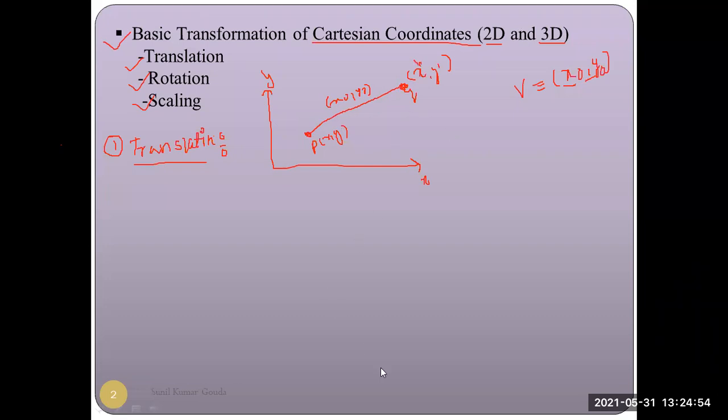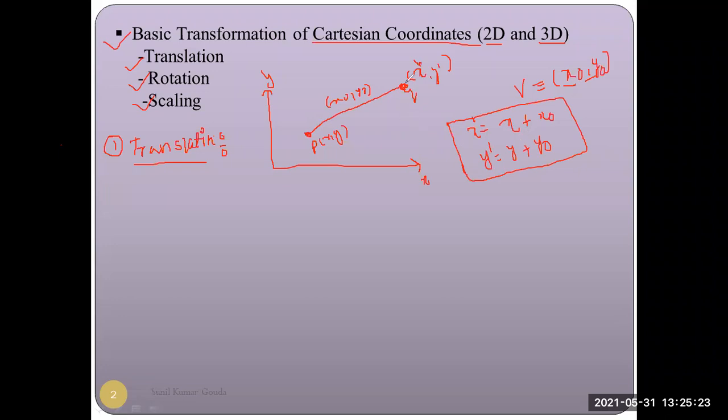I can find it very easily. X dash will be x plus x naught, and y dash will be y plus y naught. So these two are your new coordinates: x plus x naught and y plus y naught.